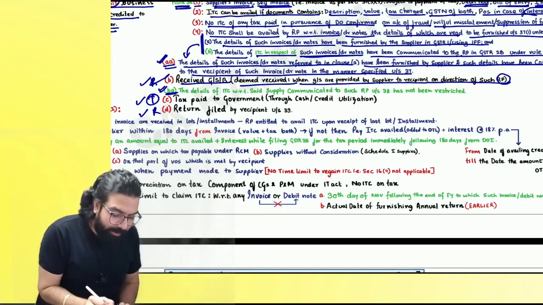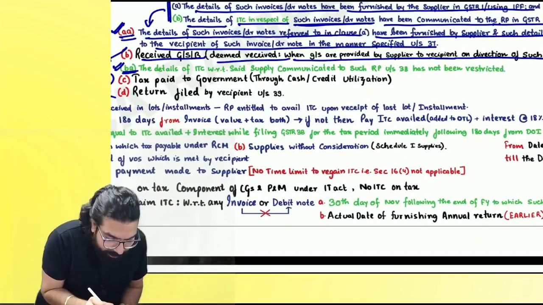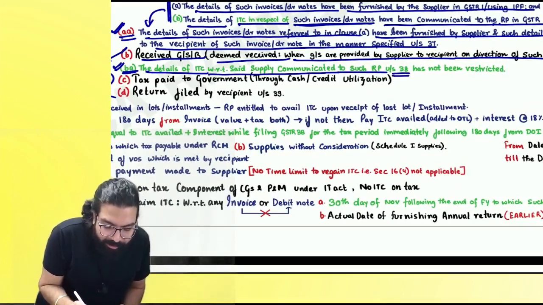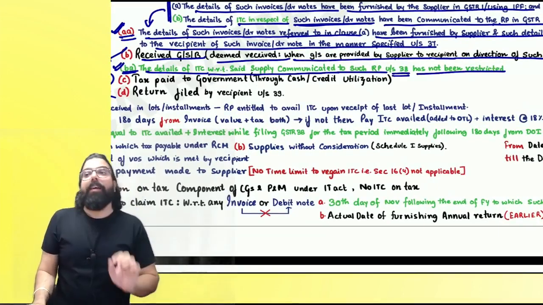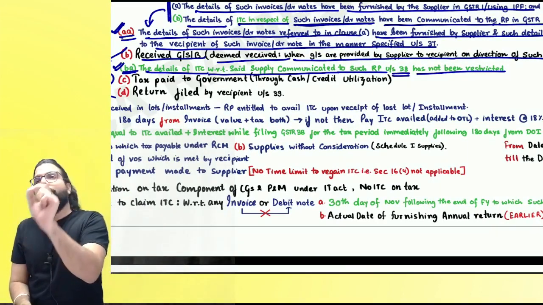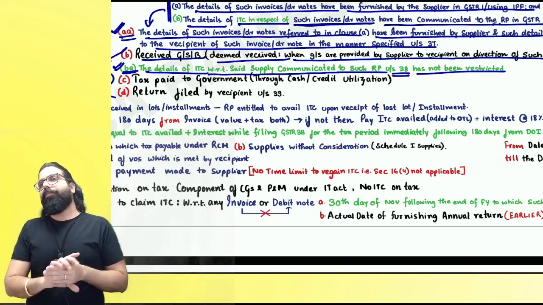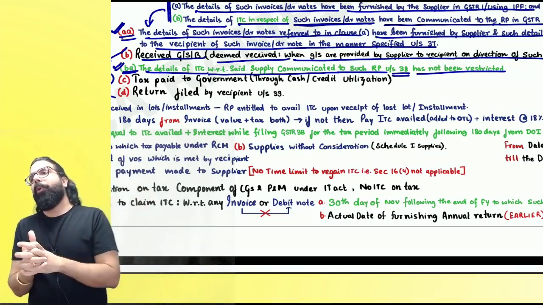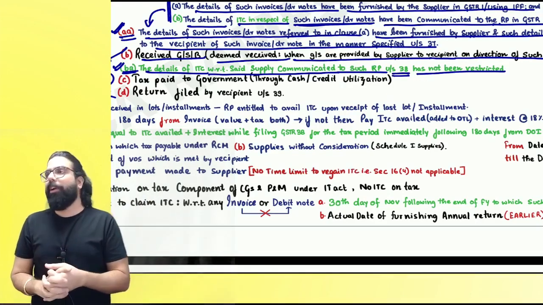The law is now written that the details of ITC with respect to supply communicated to such registered person under section 38 has not been restricted. It means if you want to take the ITC, the amount should not be restricted. If it is restricted credit, you will not be able to take the input tax credit. Are we all 100% clear?